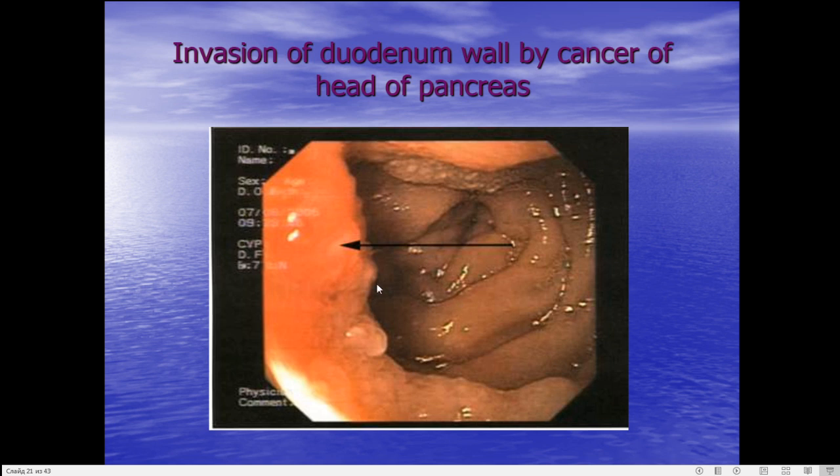Invasion of the duodenum wall by cancer of the head of the pancreas. Here is the duodenum wall.